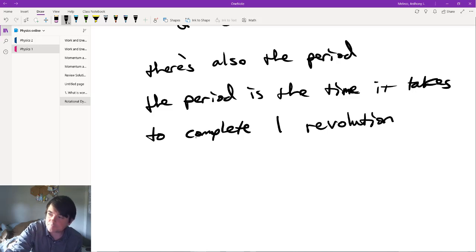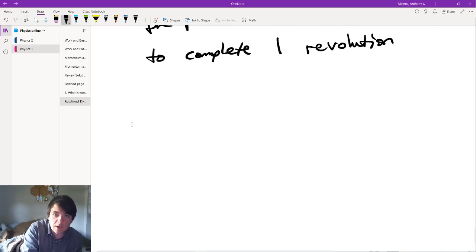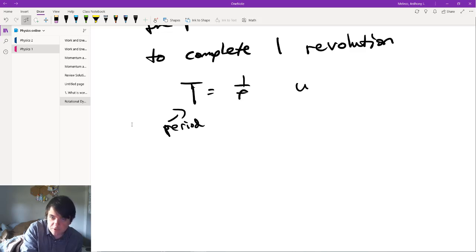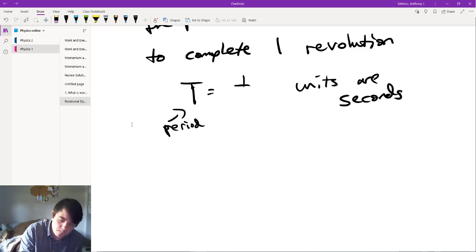T is the symbol for period, because the units are seconds. It's basically like time, which is why they use T for it. So it's 1 over the frequency, and the units are just seconds.